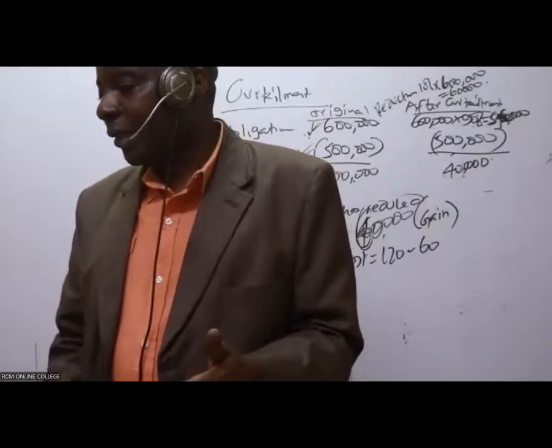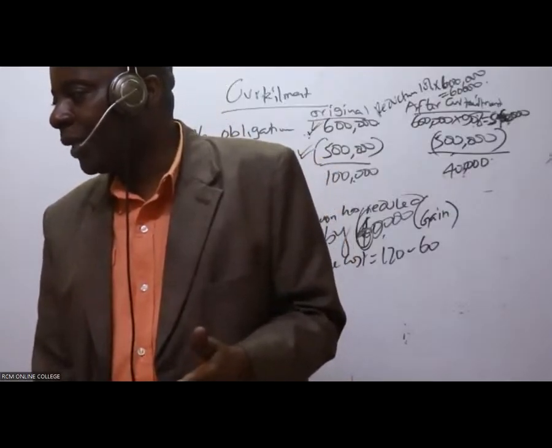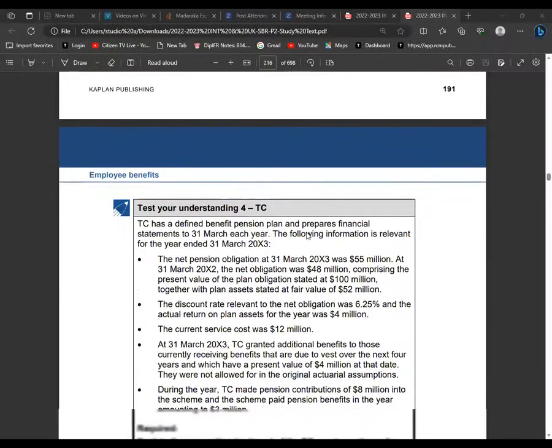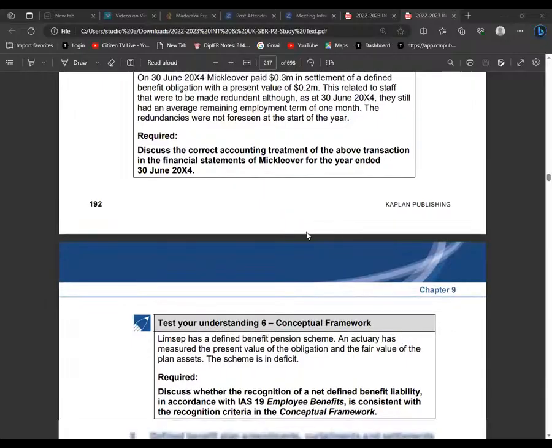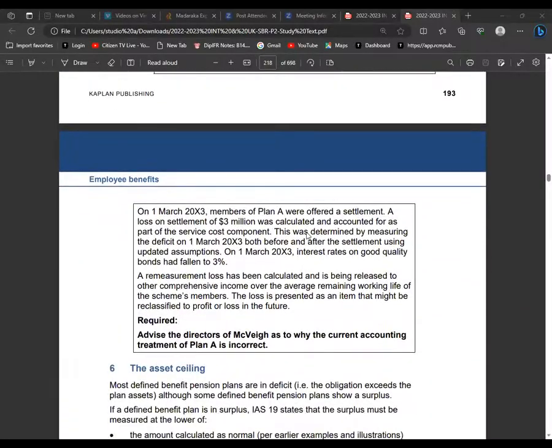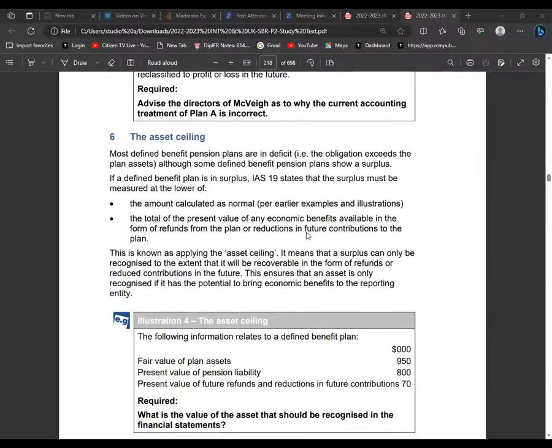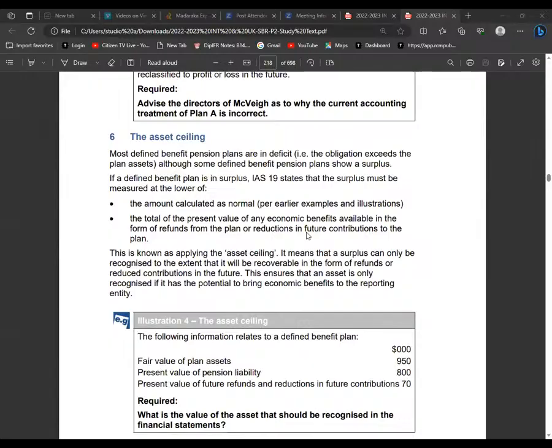Great. Now, ladies and gentlemen, from there we go to something very important, what we are calling the asset ceiling. Very, very important.